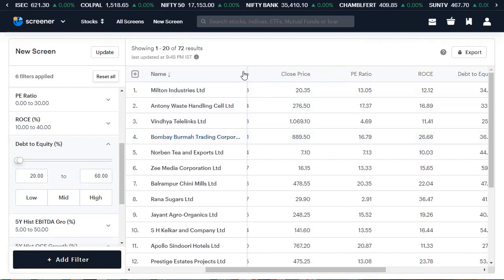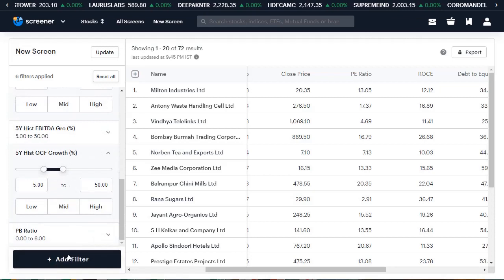So now this screener helps you in sorting your favorite companies based on their most important fundamental statements and financials out of a number of companies which are trading on the National Stock Exchange and the Bombay Stock Exchange.